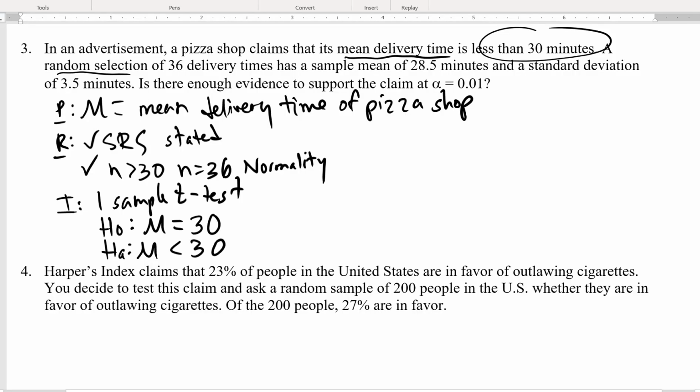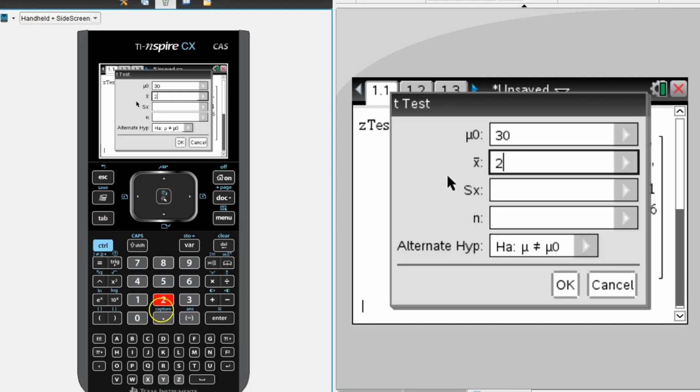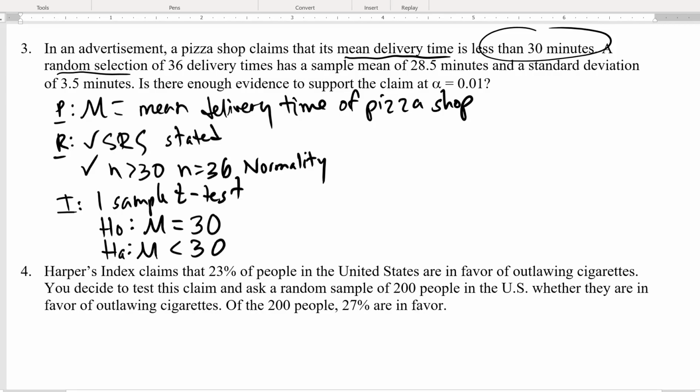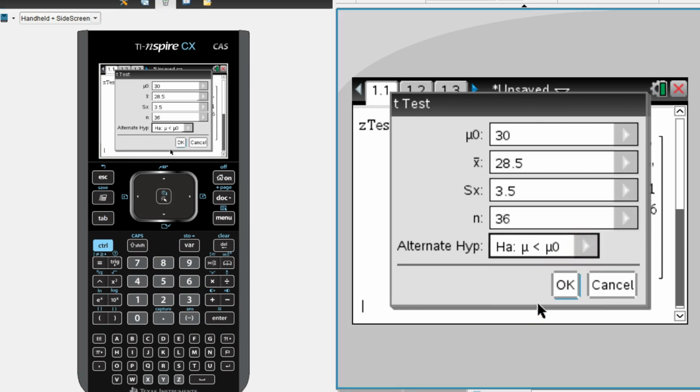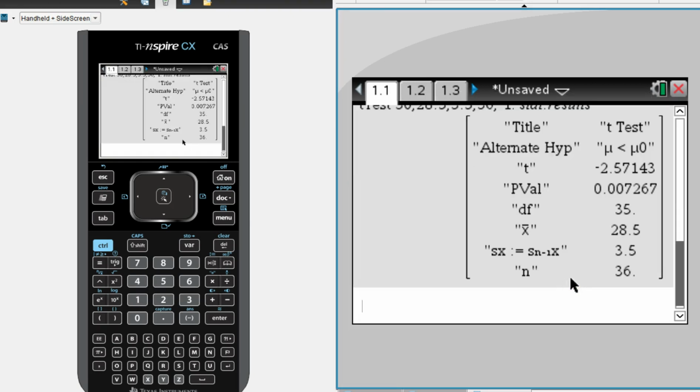Well, we got 28.5 minutes as an average, right? Well, that's less. Is it significantly less? Standard deviation of 3.5 and a sample size of 36. And what were we trying to prove? Less than 30 minutes. Hit OK.